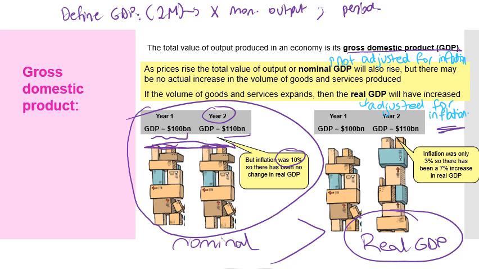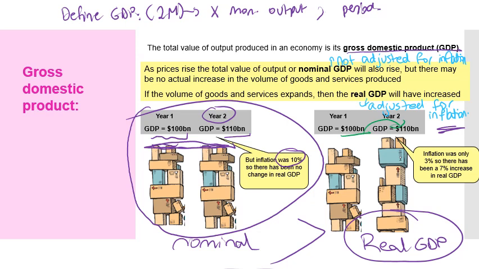Let me explain this second image with a different color. I will be explaining it in green. Here, same given. So the GDP in year one was $100 billion. In year two, it increased to $110 billion, right? If the price inflation had been, let's say, 7% over the same 12-month period, then 7 billion of the increase in nominal GDP would have been simply due to rising prices.